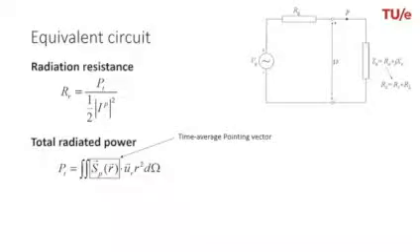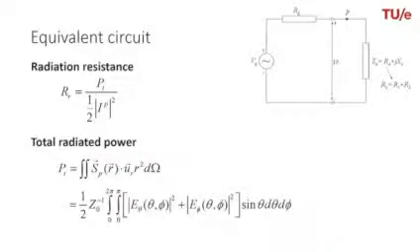In one of the previous web lectures, we derived an expression for the time average Poynting vector, and we were able to rewrite this Poynting vector in terms of the field components of the electric field far away from the antenna, so in terms of E theta and E phi. Now, by performing this integration, if we know the far field components of an antenna, then we can calculate the total radiated power, and as a result we can determine the radiation resistance of the antenna.